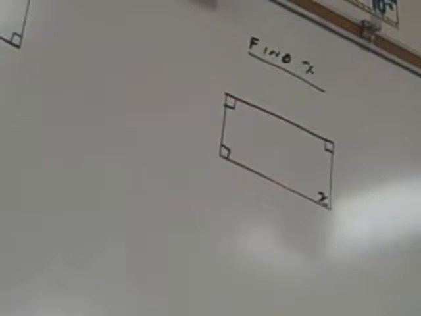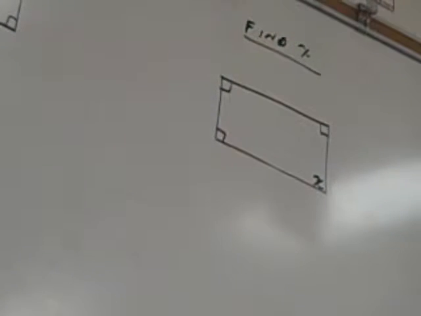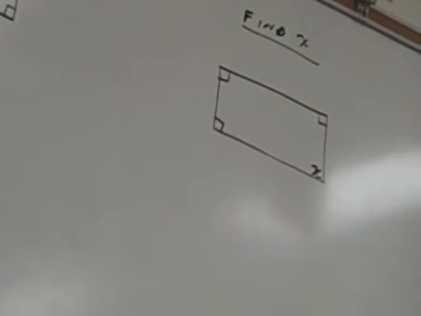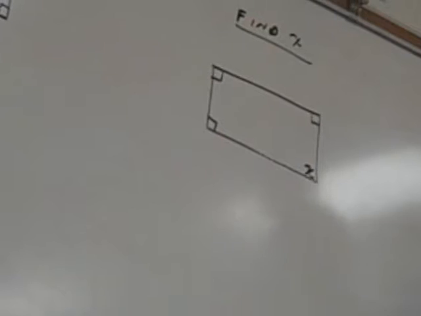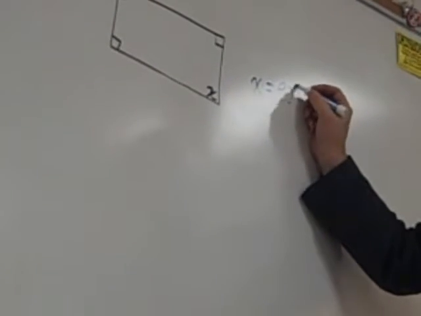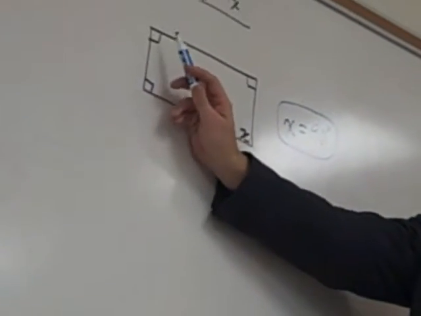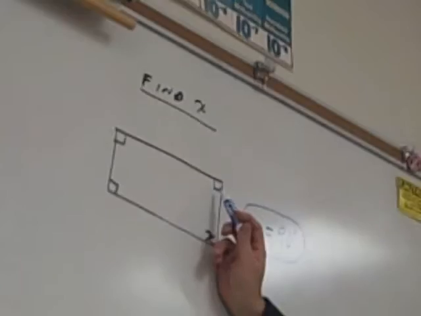What? Common sense tells me what? It's a rectangle. There's right angles, and it's a quadrilateral, so it's going to go 360. Very good. So what is x? 90. X has to be 90 because I've got 3 right angles.